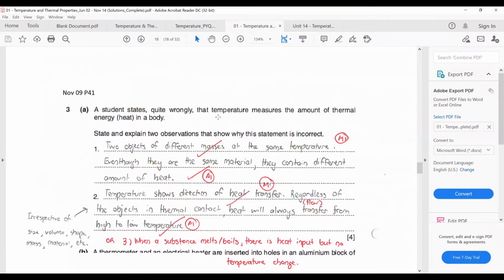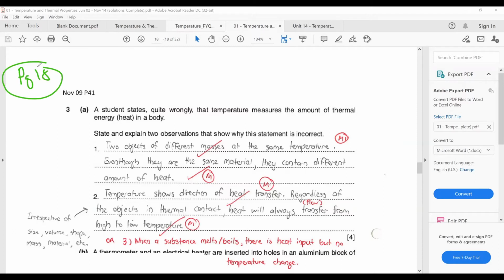Clean this. Okay, a student states quite wrongly that temperature measures the amount of thermal energy or heat energy in a body, right? State and explain two observations that show why this statement is incorrect.